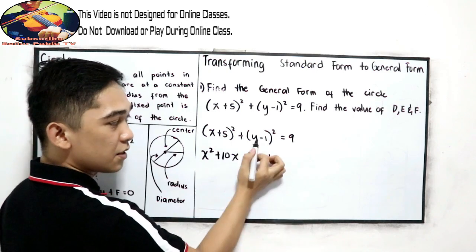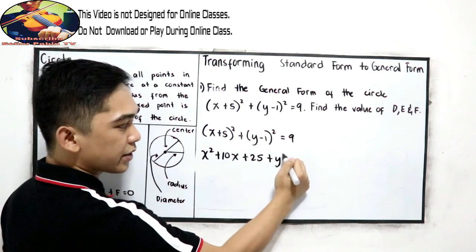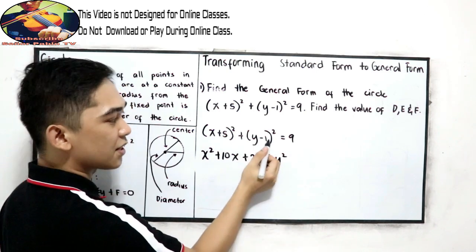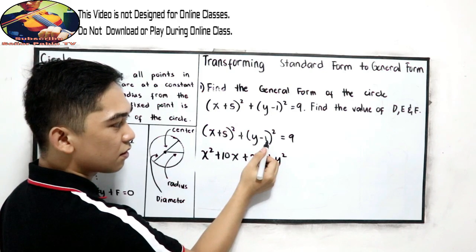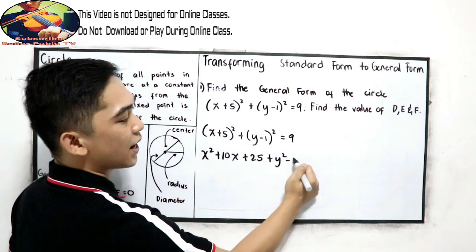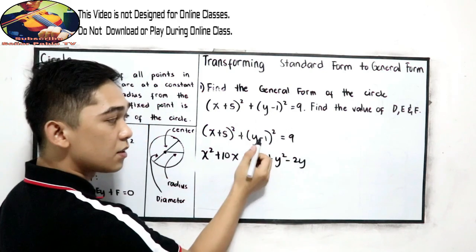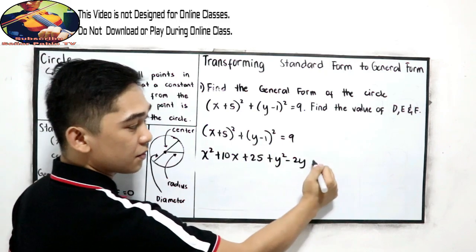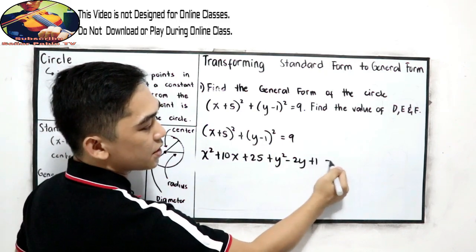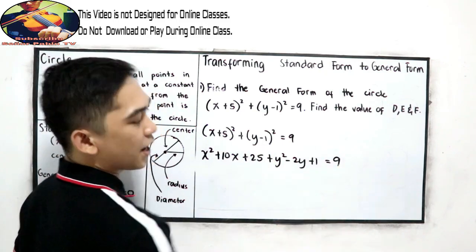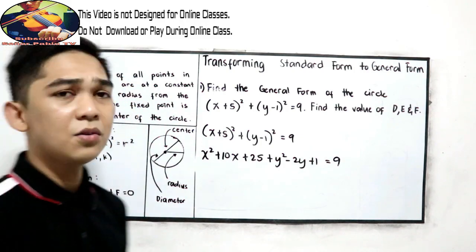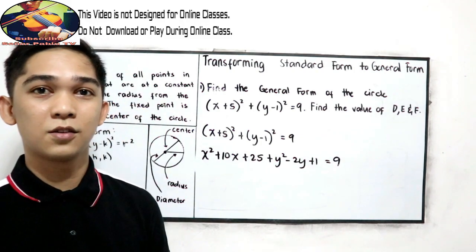Plus, square the first term, y squared. Multiply the first and the second term, times 2, negative 2y. Square the second term, positive 1, is equal to positive 9. Now, combine like terms.